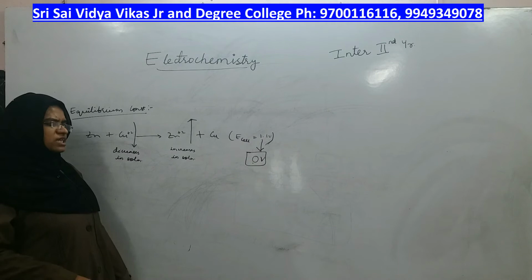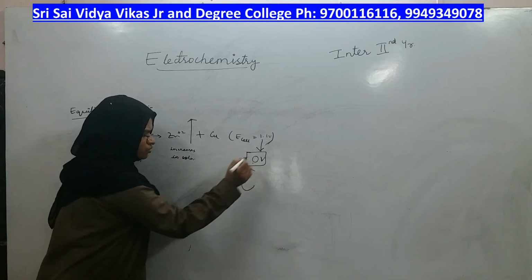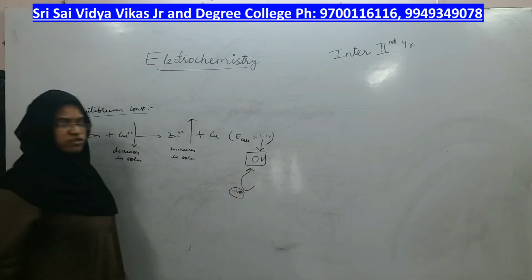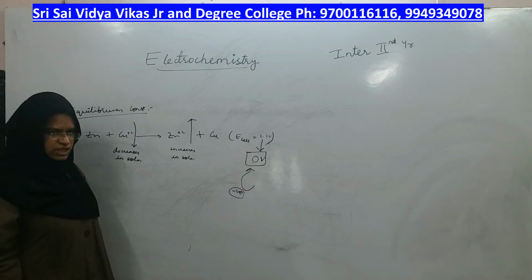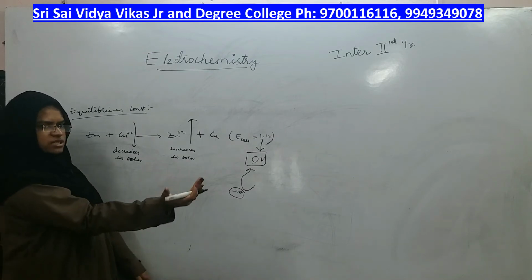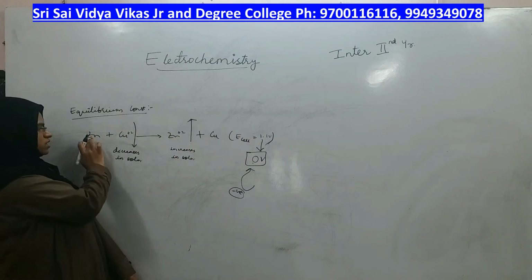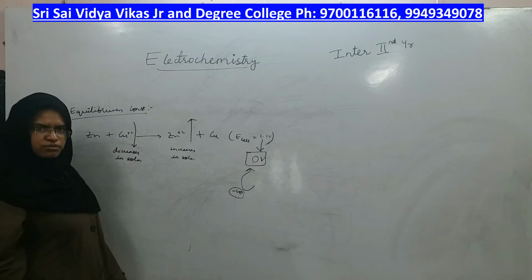If you want the cell to work again, you have to give voltage from outside. Then only the reaction becomes opposite. All the Zn2+ goes to zinc and all the copper goes to Cu2+.